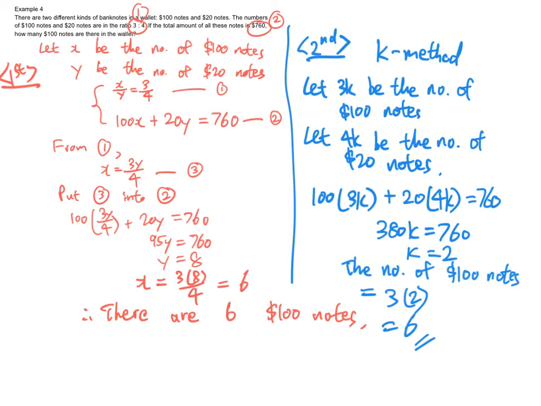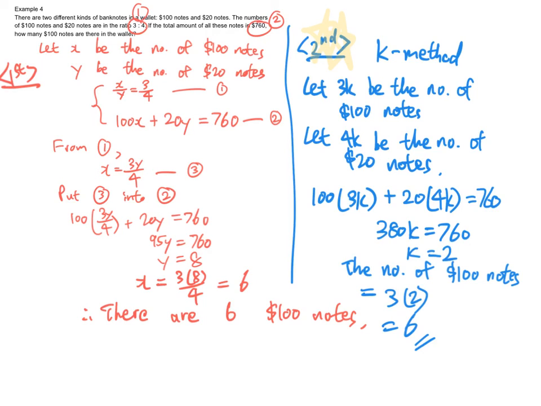Which one is easier? Maybe this one, I think. Second one. Because you have only one unknown. One unknown, so that means you won't be confused with the x and y.